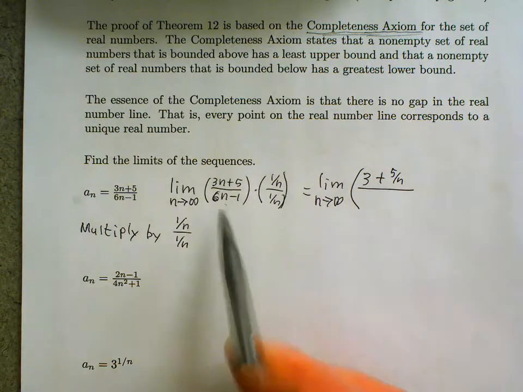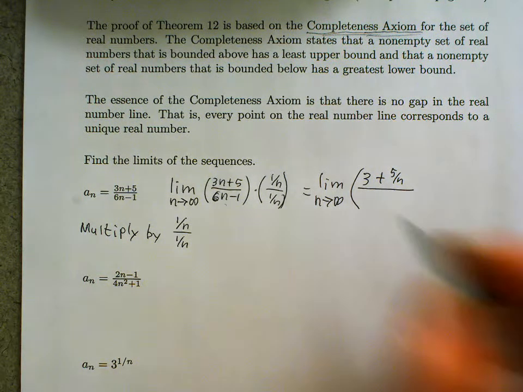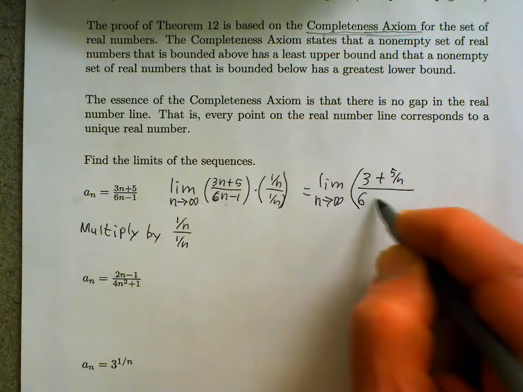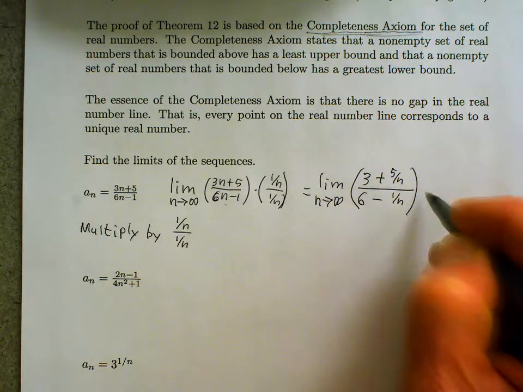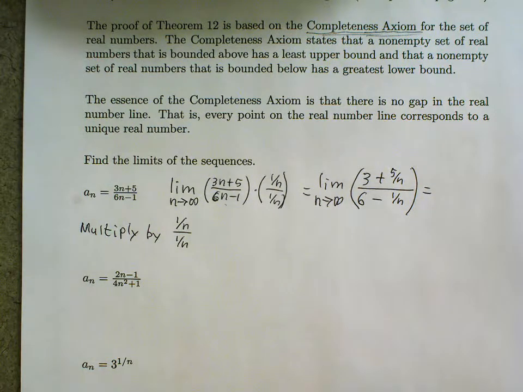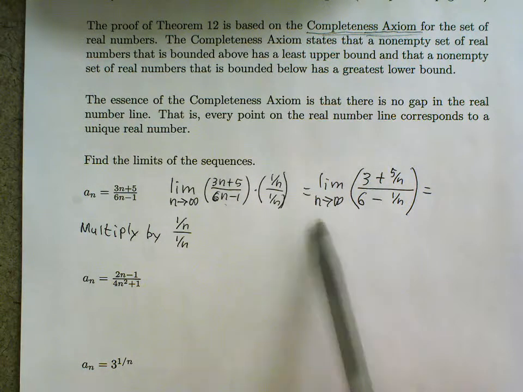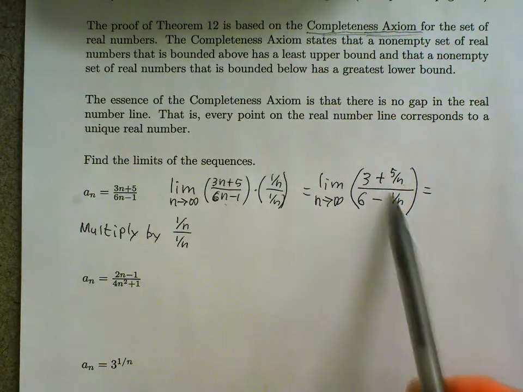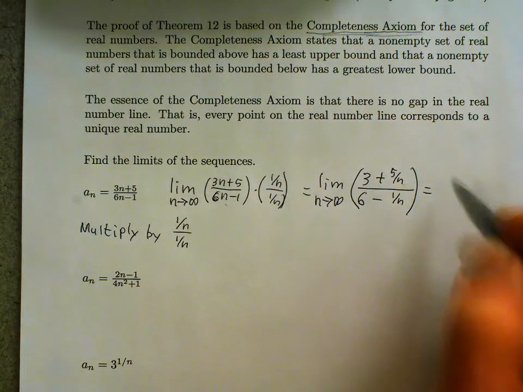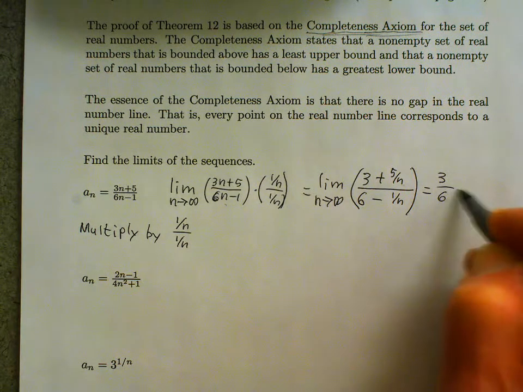And in the denominator, 6n times 1 over n is 6. And then minus 1 times 1 over n is minus 1 over n. And as n approaches infinity, 5 over n approaches 0, and so does 1 over n. And we're just left with 3 over 6, or 1/2.